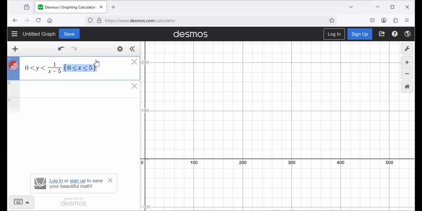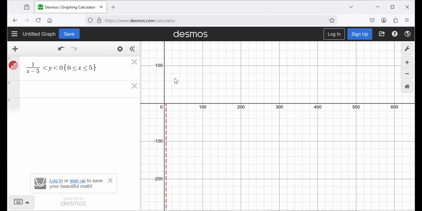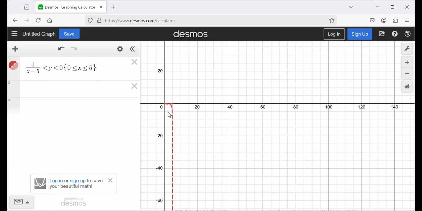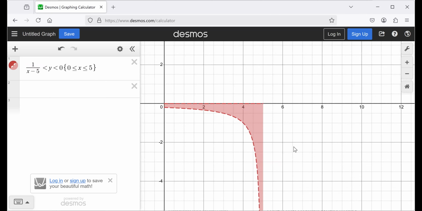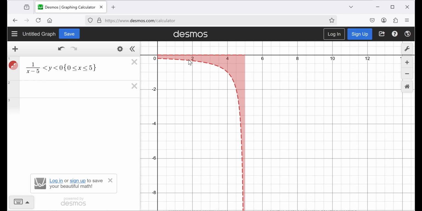I'm saying we're looking for the area under it. This is actually a weighted area. This is negative on this interval. So what we're actually looking for, on Desmos. There we are. Our zoom window was very messed up, but after a little tinkering, this is the area we're looking for.